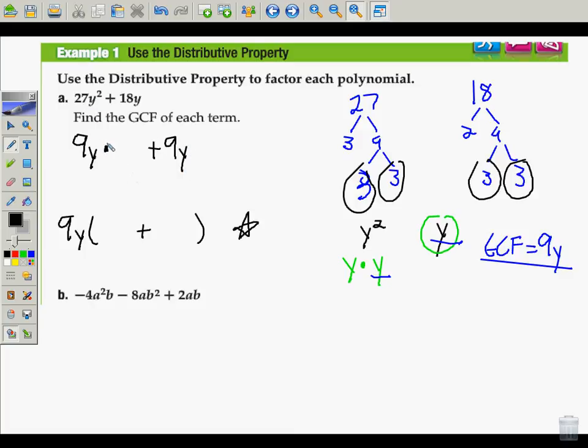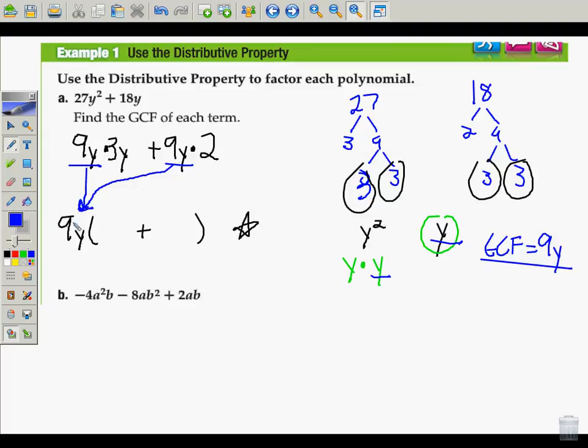So 9y times 3y is 27y squared, plus 9y times what would give me 18y? Well, it would be 9y times 2. And if you notice, we've got this common factor of 9y. Each thing's being multiplied by 9y, which means we can take those 9y's and write them out in front and think about what I would have to distribute 9y to get 27y squared plus 18y.